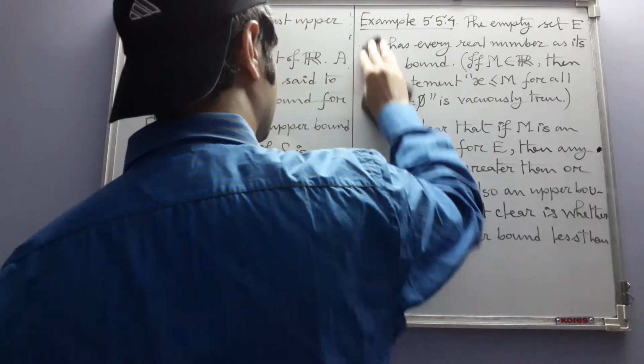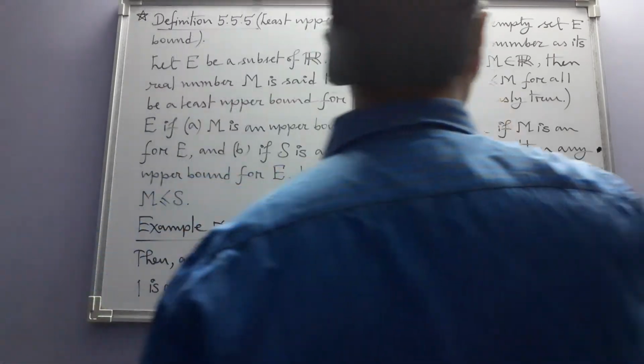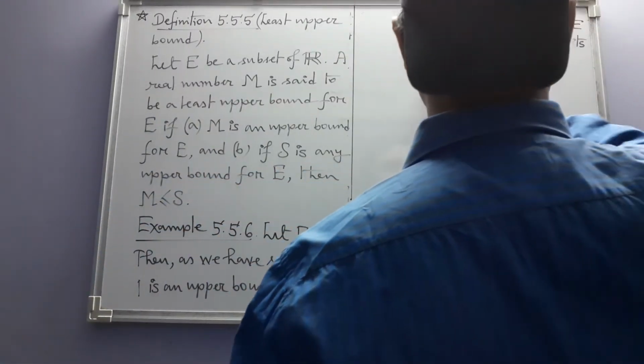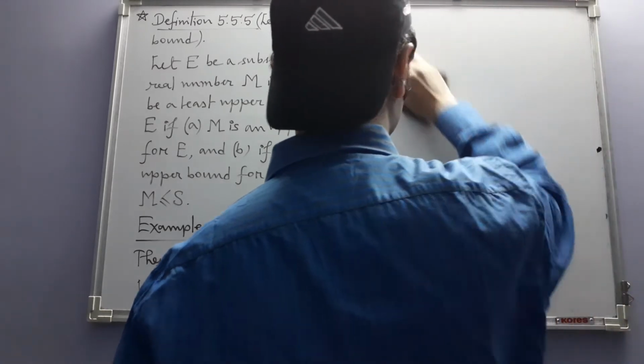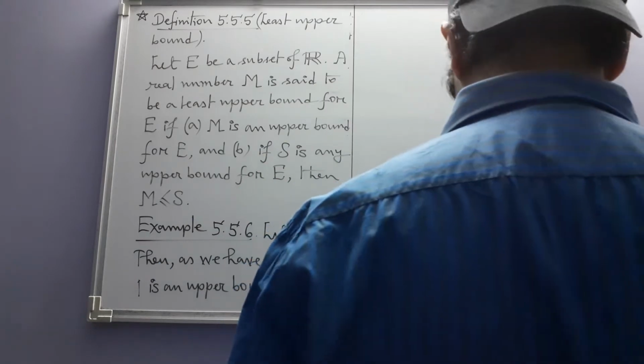However, more is true. One is not just any upper bound for E, but one is a least upper bound. It is the smallest among all the upper bounds.